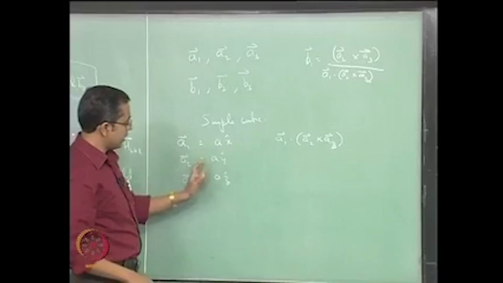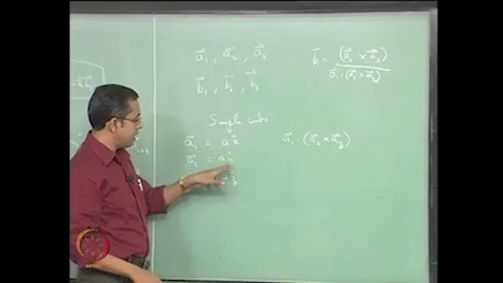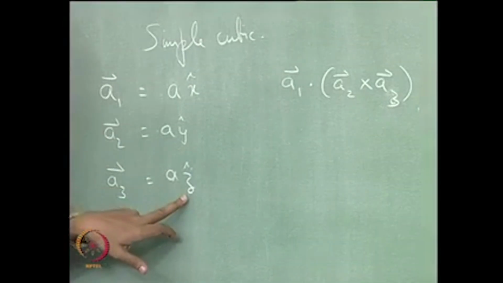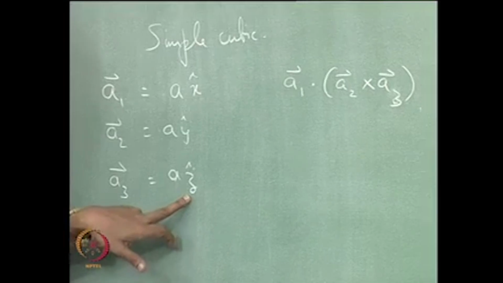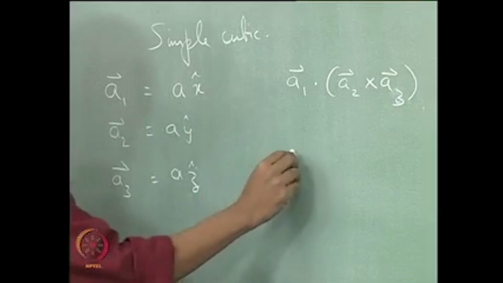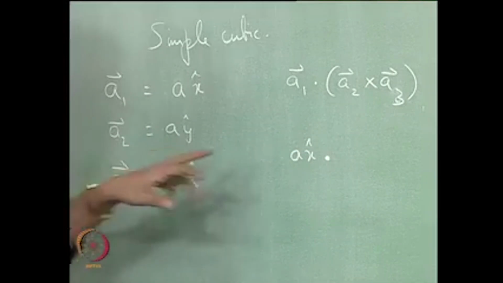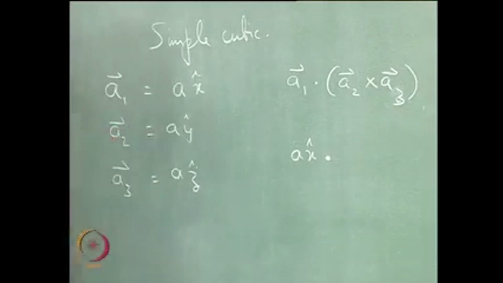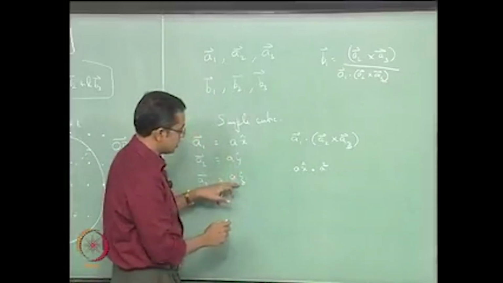The magnitude simply is A square, and it is y cross z. If you have a 3 coordinate system, y cross z is x. So A1 is still A x cap dot A2 cross A3, we pull out the 2 A's, so we get A square, and y cross z is x.